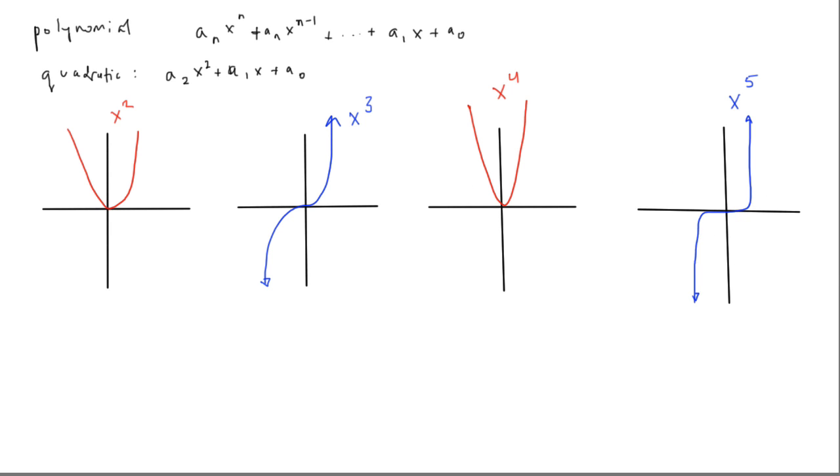Okay, so that's the basic form of one of these terms. And then one of the things we're going to look at is if you put several terms together, like a more genuine polynomial, then what does that make the graph look like?